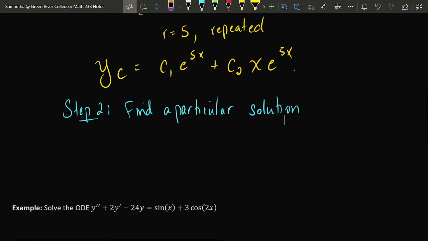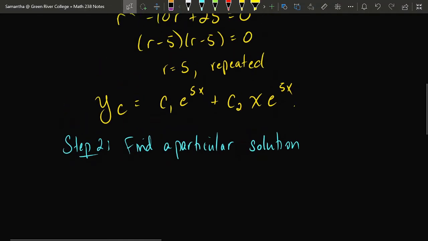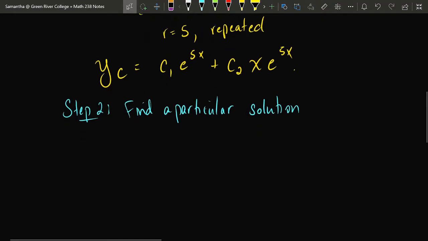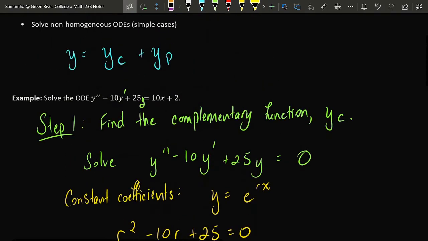And in order to find a particular solution, I'm going to use the method of undetermined coefficients, which says guess a solution of an appropriate format. Now for a particular solution, I'm going to turn my attention on the function on the right side.